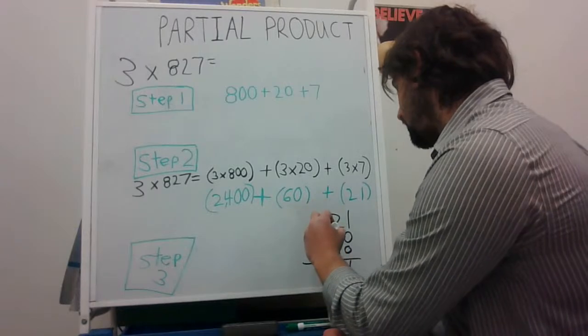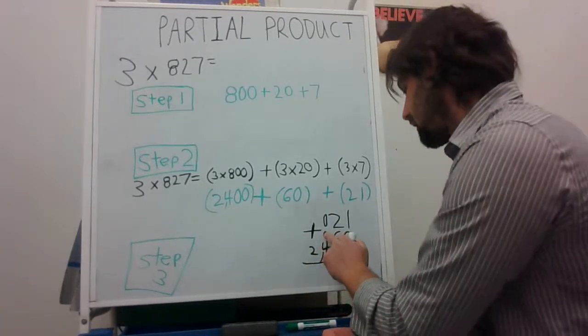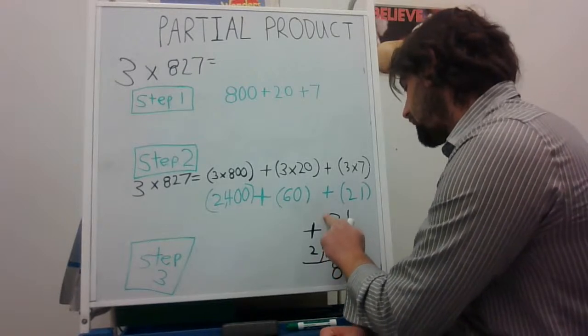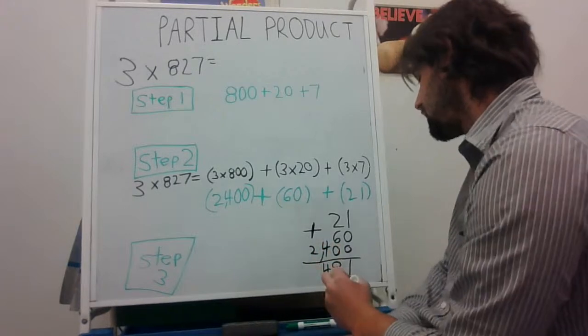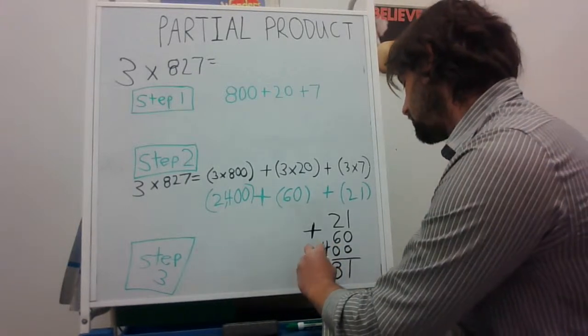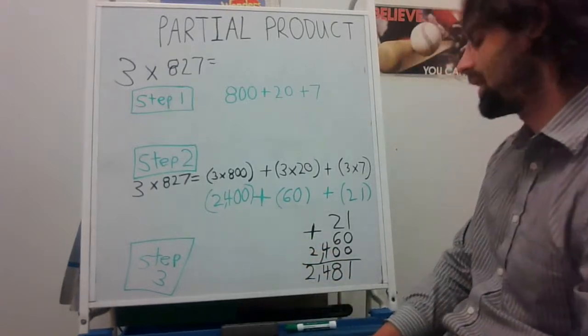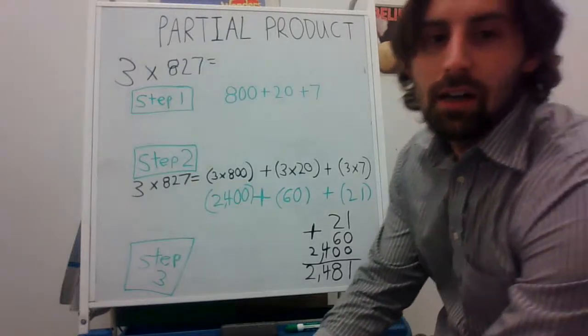You could write the 0 in. You really don't have to. But 0 plus 0 plus 4 equals 4. 0 plus 0 equals 0 plus 2 equals 2. And our answer is 2,481. All right.